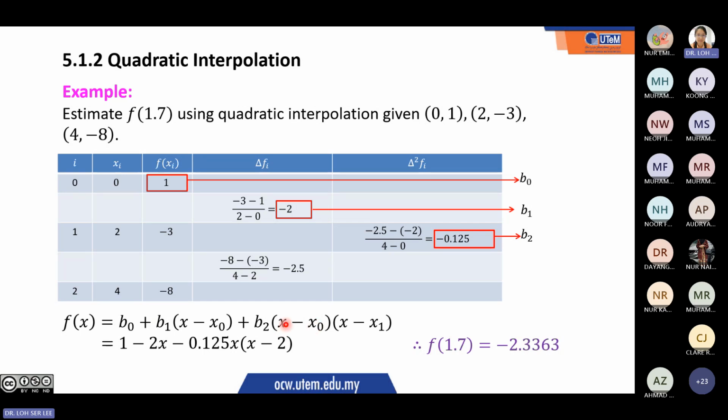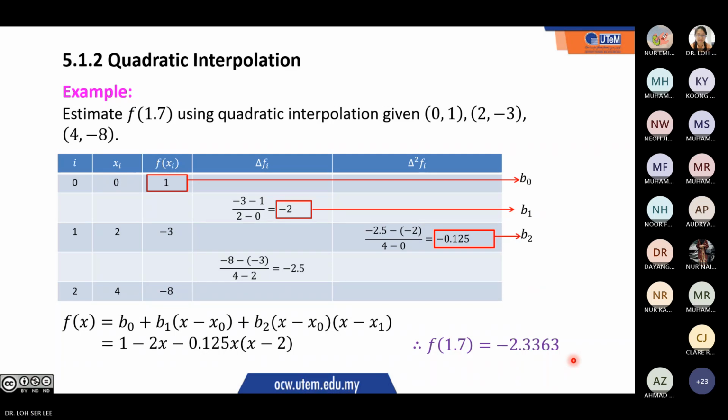X0 is 0, so you have x only. Your x1 is 2, so you have an x minus 2. So you will get this interpolating polynomial. Lastly, we want to estimate for this, so you just substitute x by 1.7. You will get this. This is quadratic interpolation using Newton's interpolation.